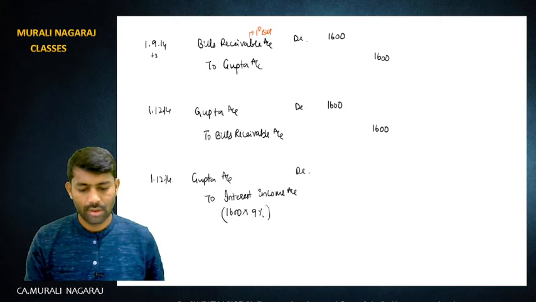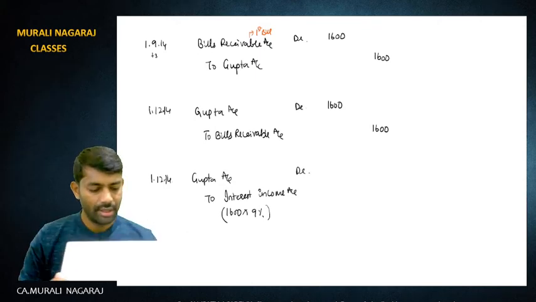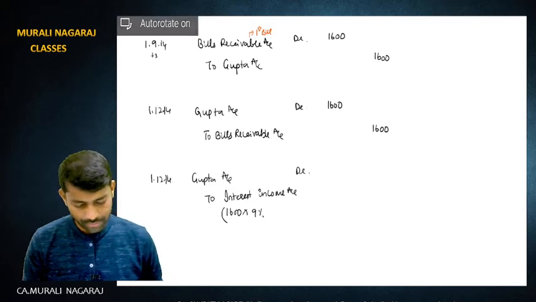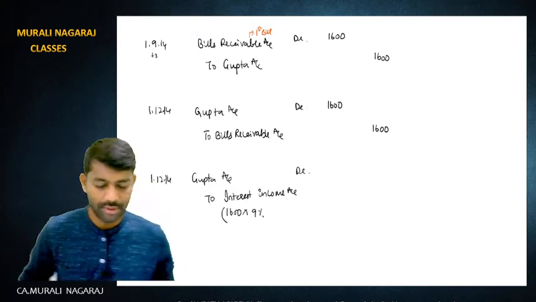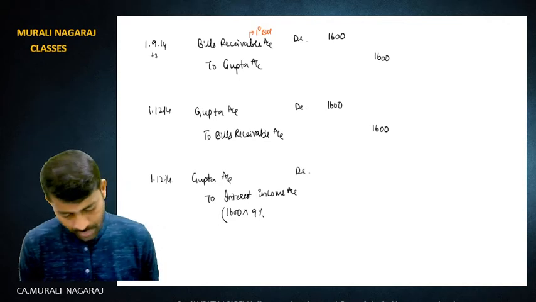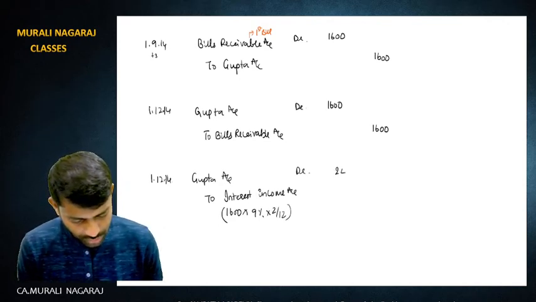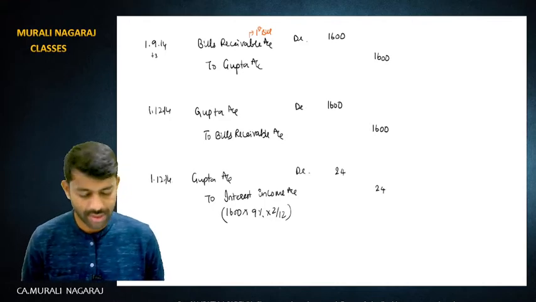So 1600 into 9% into 2 by 12, which is 24. 24 rupees is the interest.